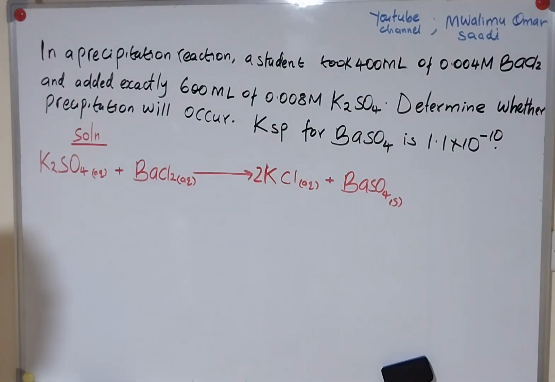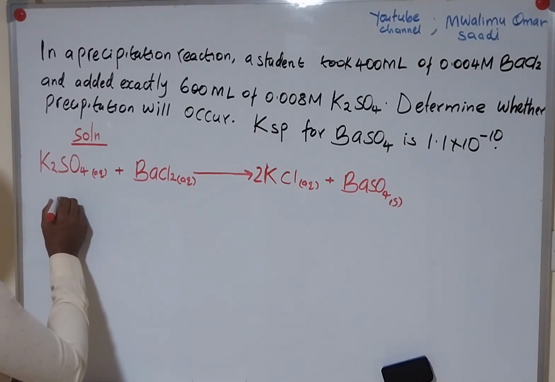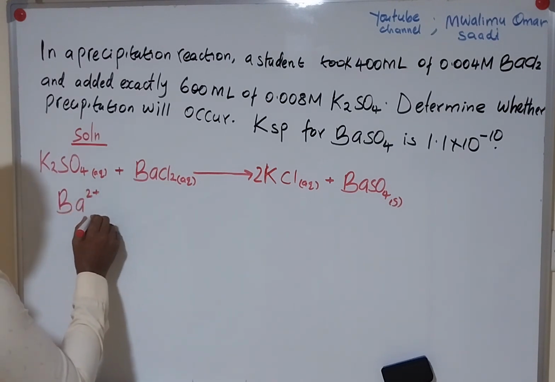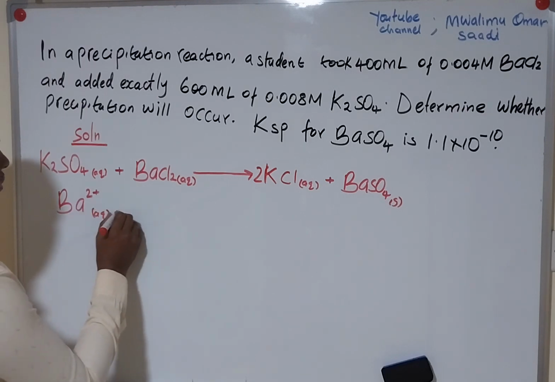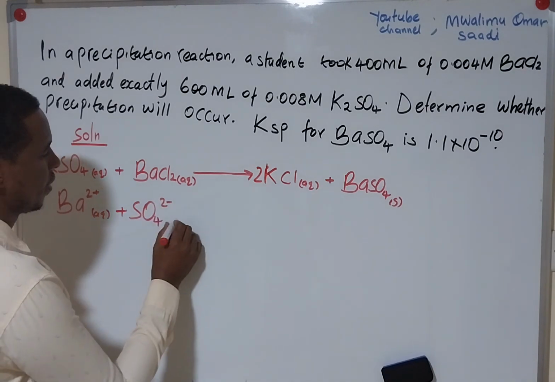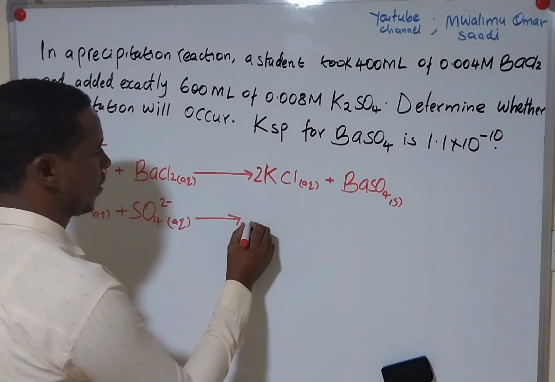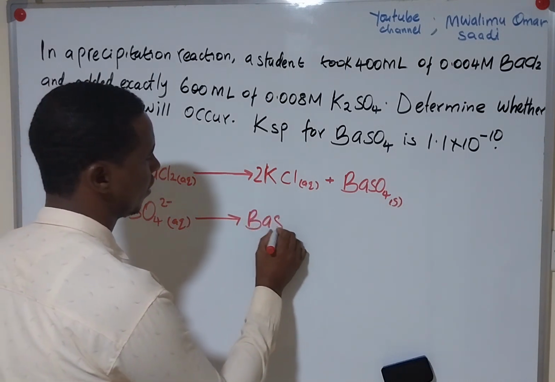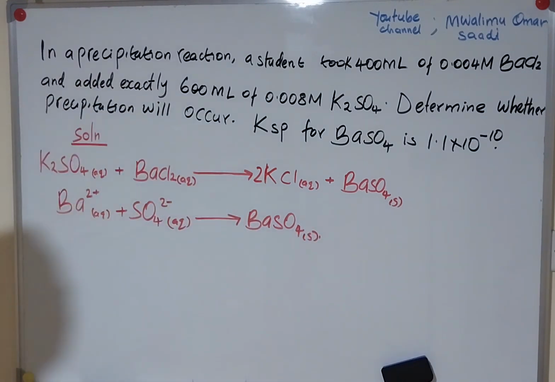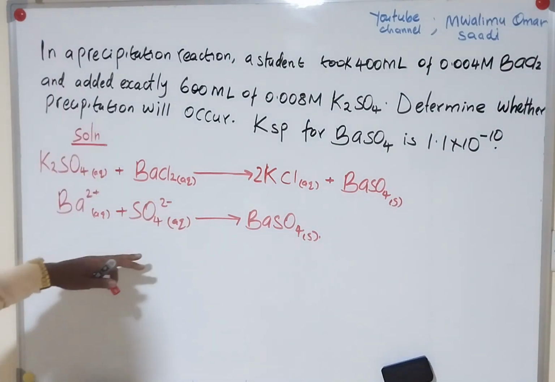And then we write the ionic equation of that reaction. The ionic equation will be barium ion plus sulfate ion forms barium sulfate, so solid.